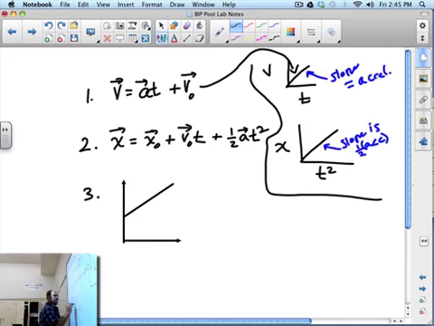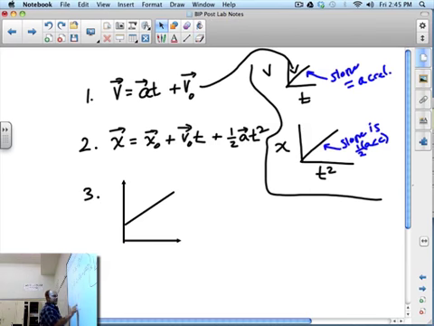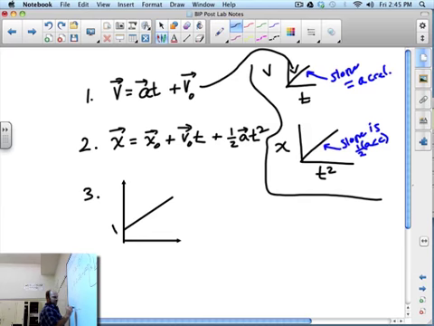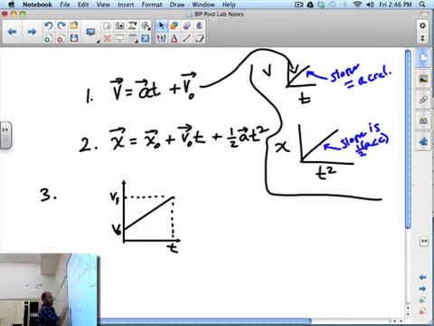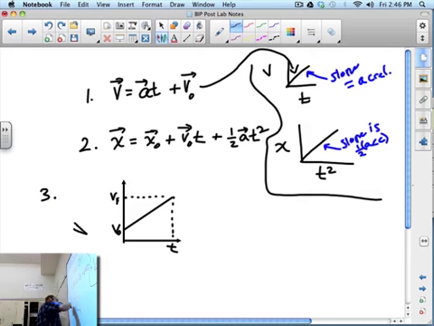I'll label things. Let me move this down a little bit, make it look a little cuter. V naught, call that V final, call that T, and let me move my 3 over, all right? Velocity, and this axis is time, right?